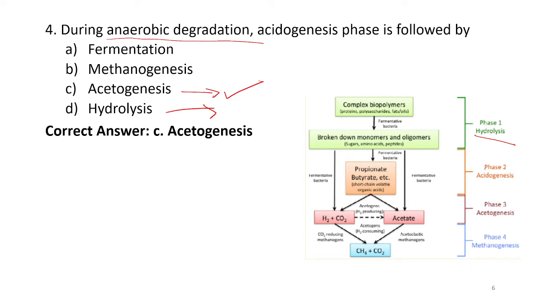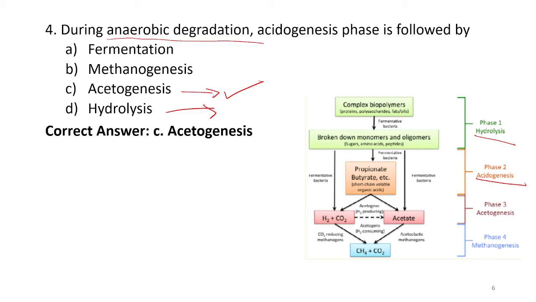Then comes phase 2, which is acidogenesis. In acidogenesis, the smaller molecules are converted to short chain volatile organic acids with the help of fermentative bacteria. So that is stage 2, and it is known as acidogenesis. So our question is, after acidogenesis, what is the phase that follows?